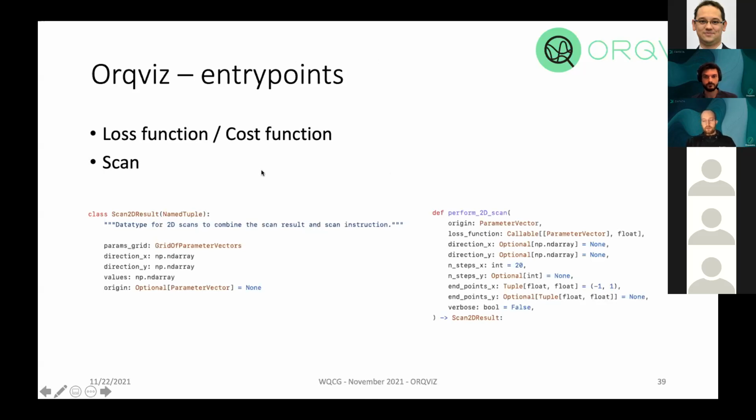So if you go to the repo and start playing with that, there are basically two good things to know before we start. And I'll show that to you in a moment in the code. But first, the loss function or the cost function, or whatever else you might want to call that, we use loss functions that take just a vector of parameters as input.